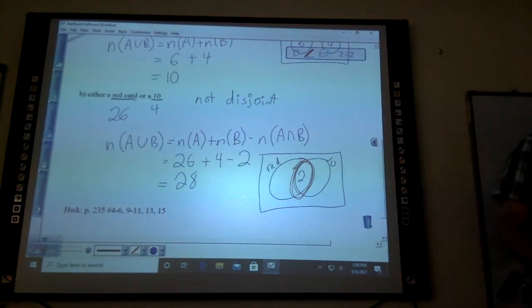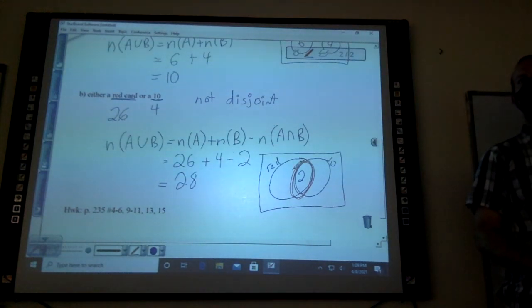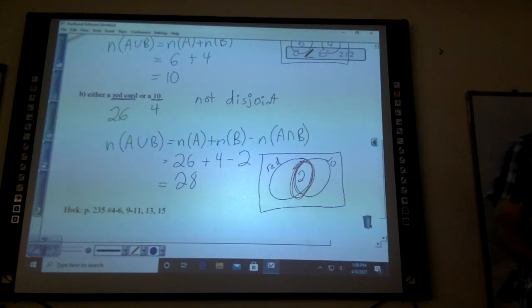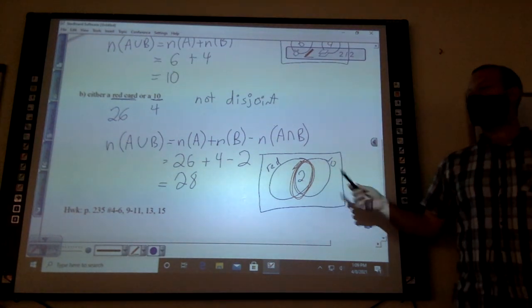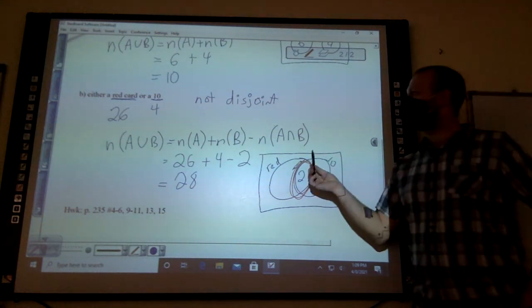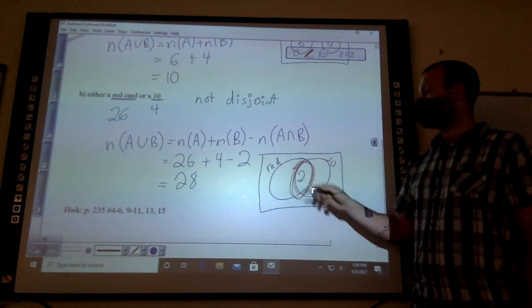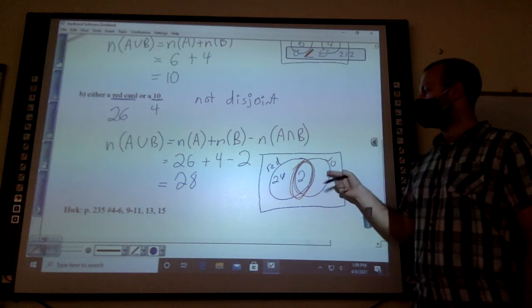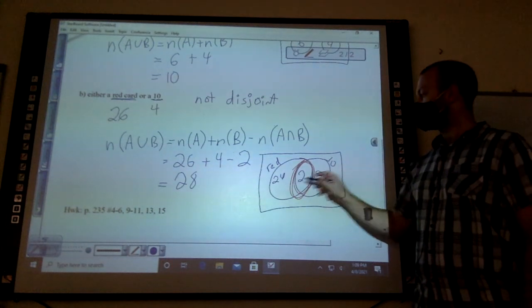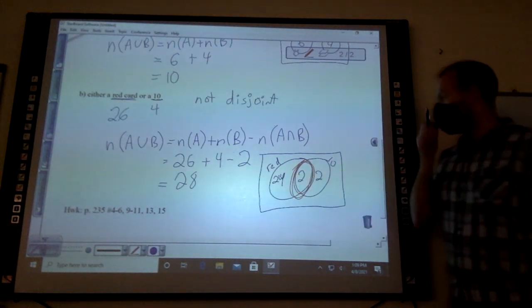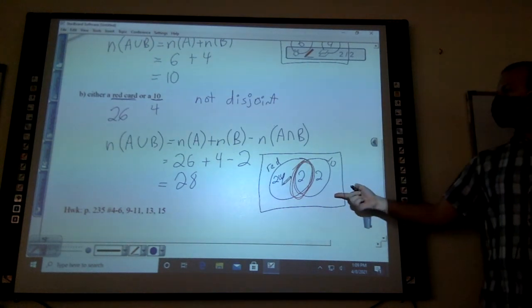Yes? On this diagram? So 26 is the number in this whole circle. So out here is 24, yeah? And how many would be here? Yeah. There you go. Any guesses what would be on the outside here?